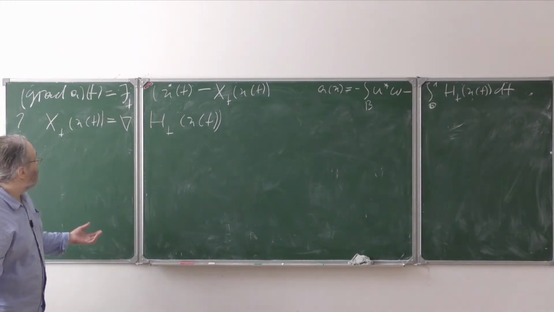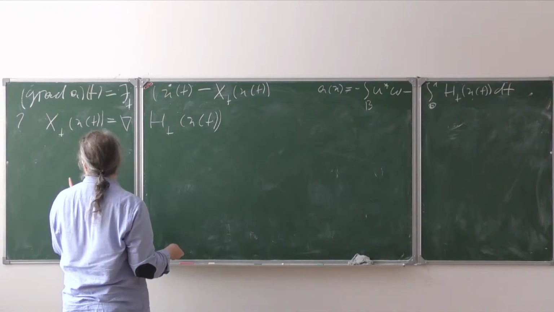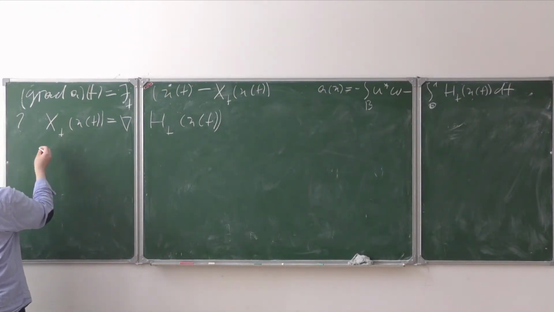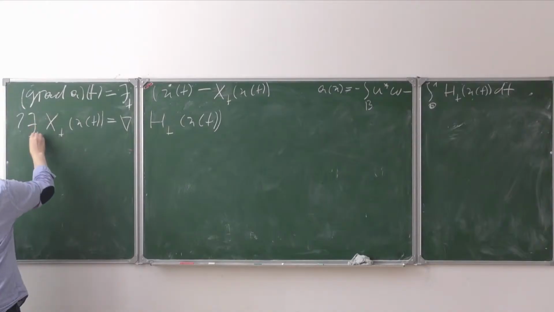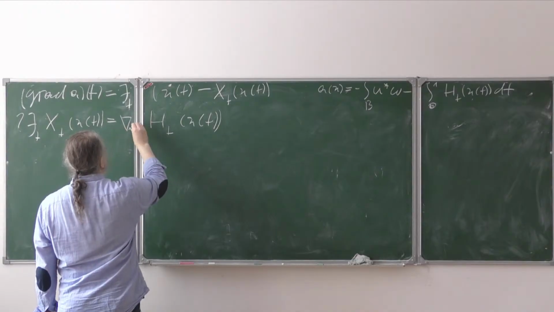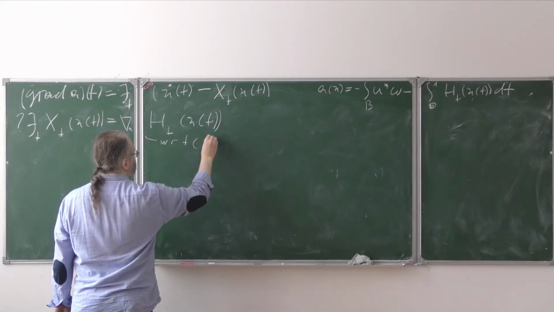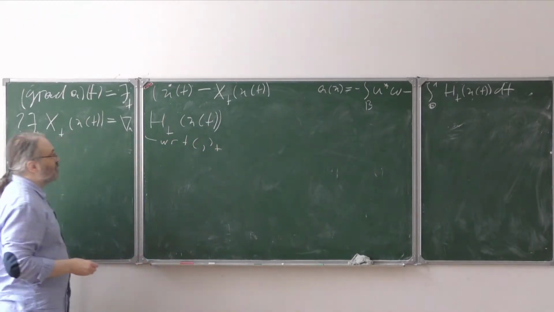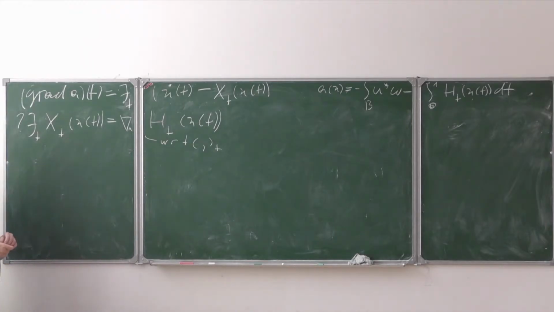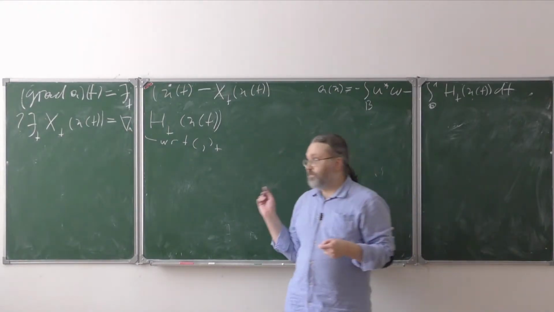The gradient with respect to which metric? Oh, no. J. The gradient with respect to h, no, with respect to the metric at t.